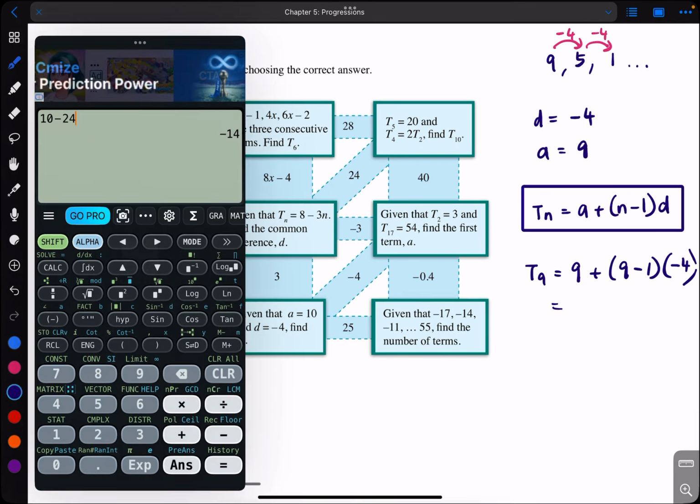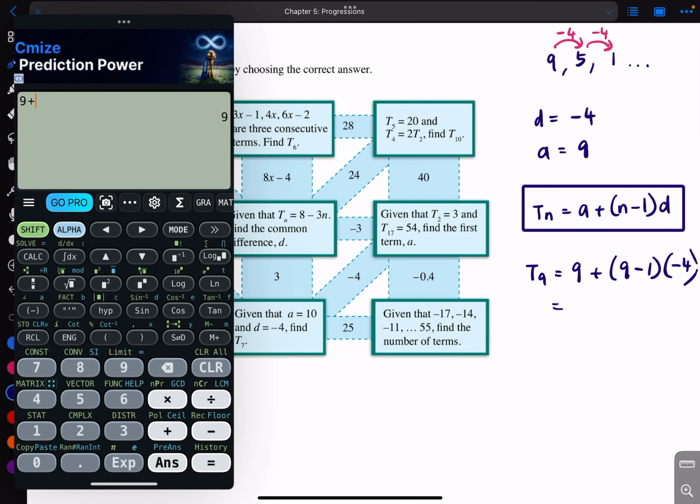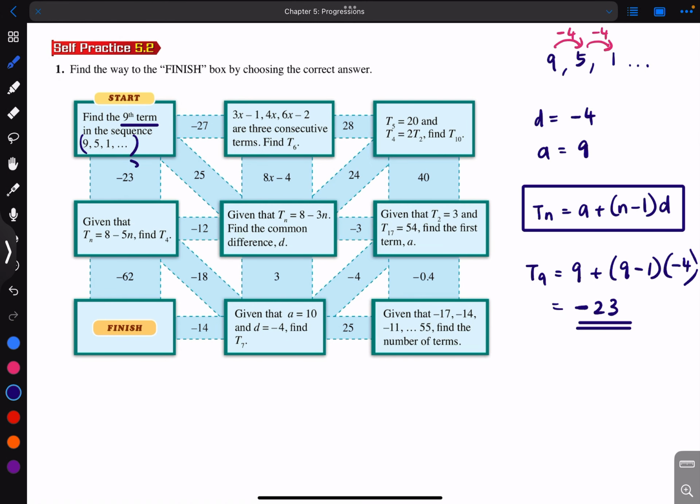So we put this in our calculator, 9 plus 8 times negative 4, negative 23. So this is the ninth term here. Okay, let's try the next one.